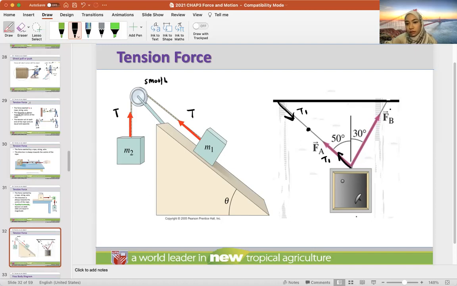T1, T1. This is T2, T2. So this is the center of the string. You have two strings, so you would have two different centers, so you would have two different tensions. Even though it originates from here, there are two strings. So you would have T1 going here, T2 going here.